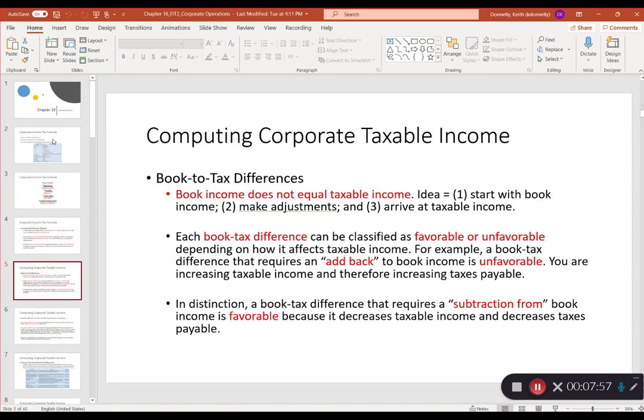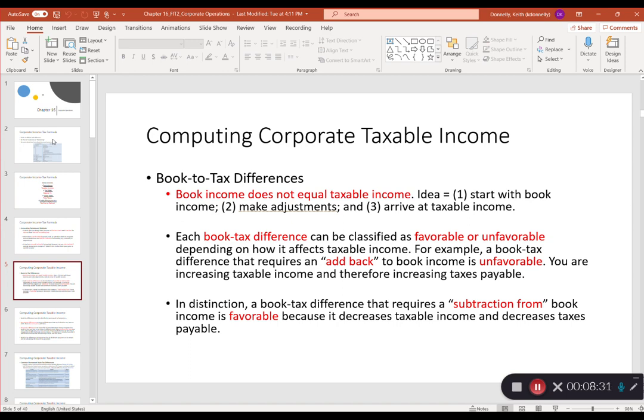So when we make these adjustments, M1 adjustments or book to tax differences, they can either be favorable, that is to say they decrease our taxable income, or they could be unfavorable, that is to say they could increase our taxable income. So for example, if you have a book to tax difference that requires an add back to book income, so maybe you subtracted an item on your book income, you got a deduction for it, where the Internal Revenue Code says, hey, you don't get that deduction.